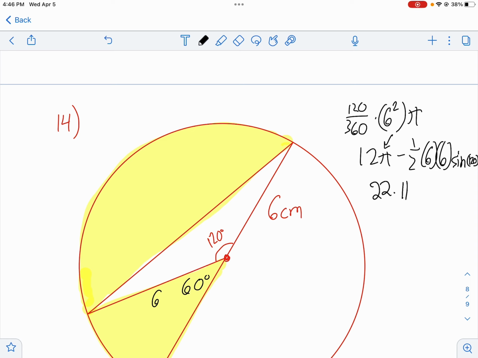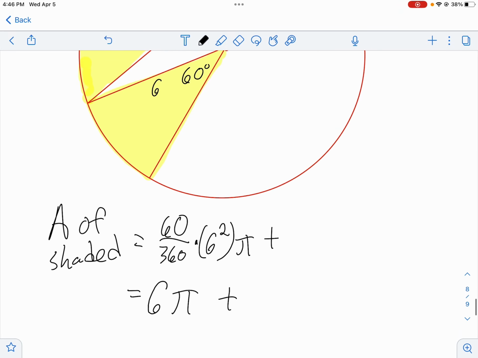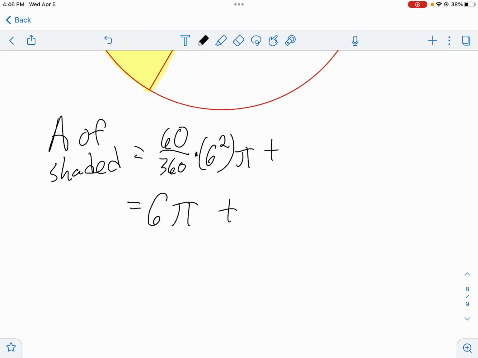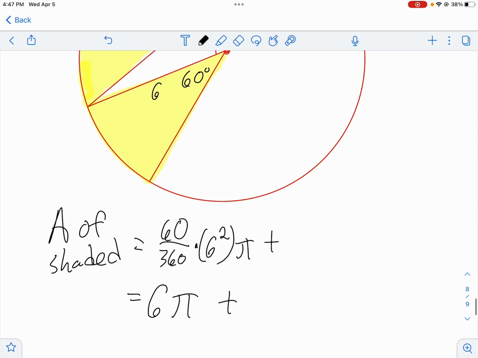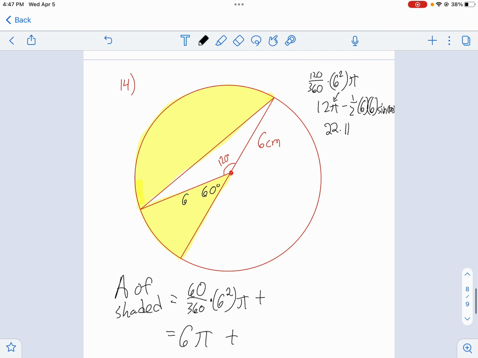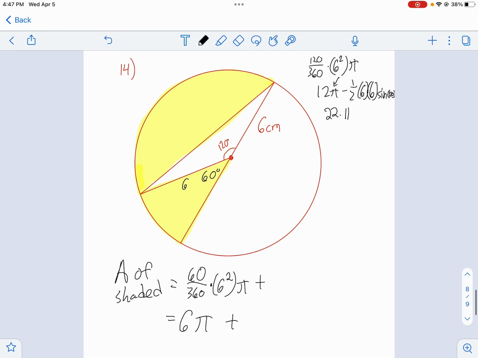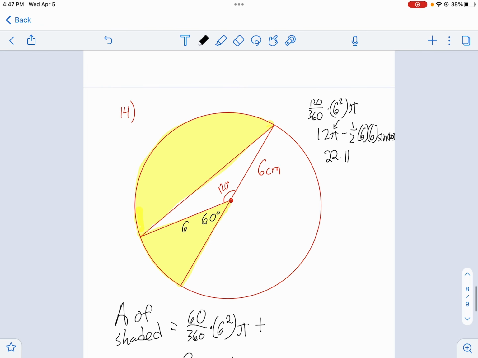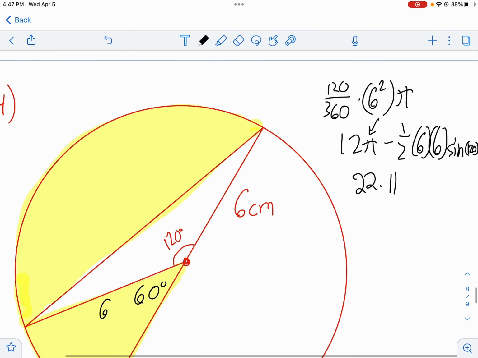22.11. And to finish, I'm going to be doing 6 pi. Did I say in terms of pi? No, I just said area of the shaded region. So I found the area of that one. That was 21.11. So 6 times pi minus that guy. What did I do wrong here? I must have done something wrong. 120 over 360 is 1/3 times 36. 36 divided by 3 is 12.